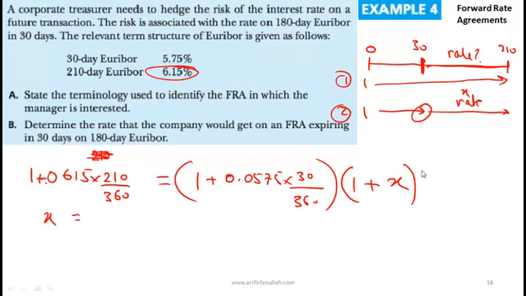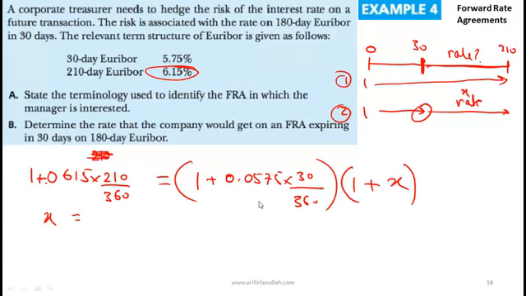What I'm doing is trying to make life even simpler. I'm calling X the 180-day rate. So once I find X, that will be a rate for 180 days, and then to annualize it, I just need to double it. Are you with me?